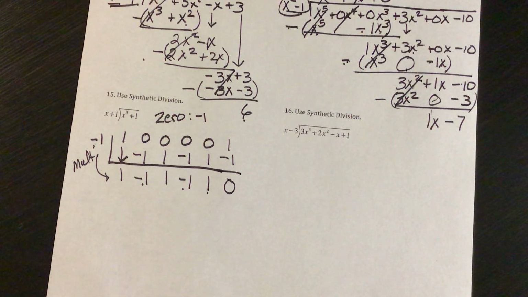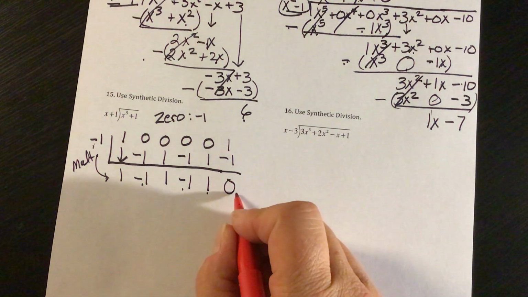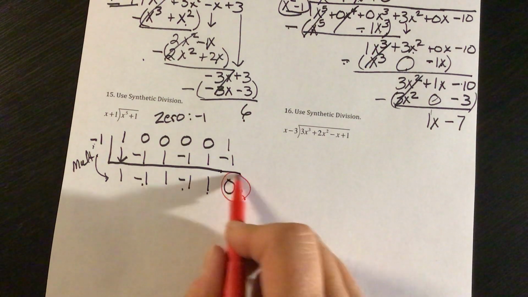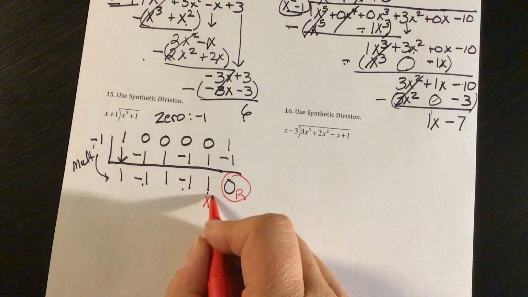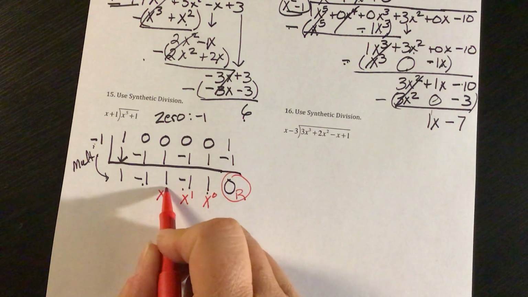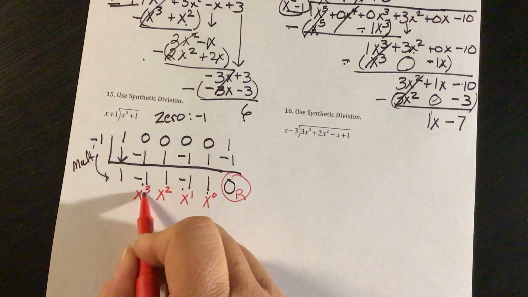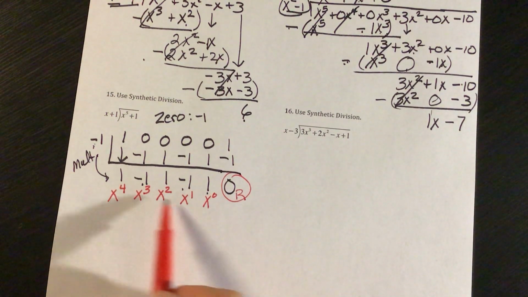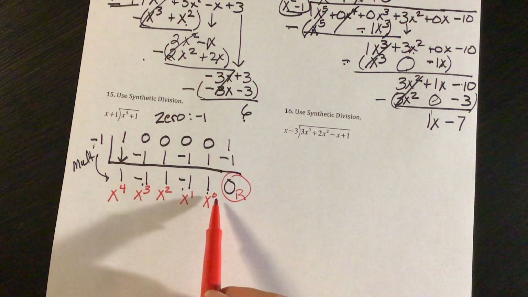All right, so if we think about what we have here, this is my remainder. Okay, so remainder 0. And this is my constant term, or x to the 0. This is x to the 1st, x squared, x to the 3rd, and x to the 4th. And just double checking that you have these in the correct spot.